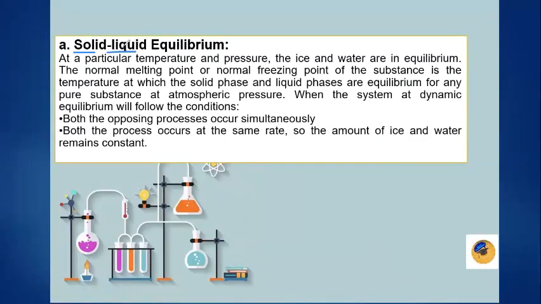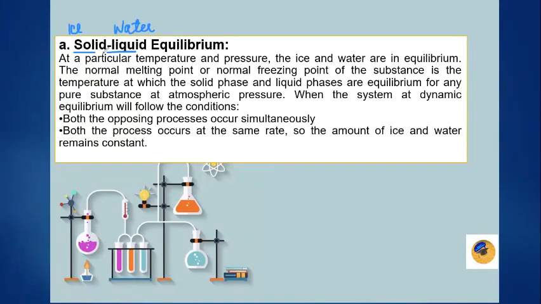Needless to say, ice would be the solid and water would be the liquid. Here the forward reaction would be melting, that is ice changing into water, and the backward reaction would be water freezing to form ice. Now let's understand when it is said to be at equilibrium.